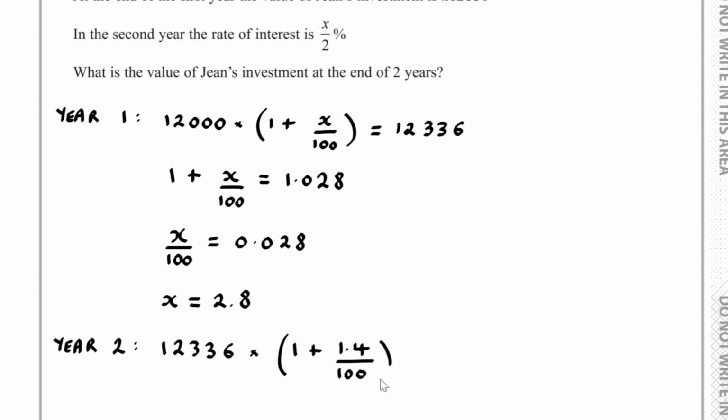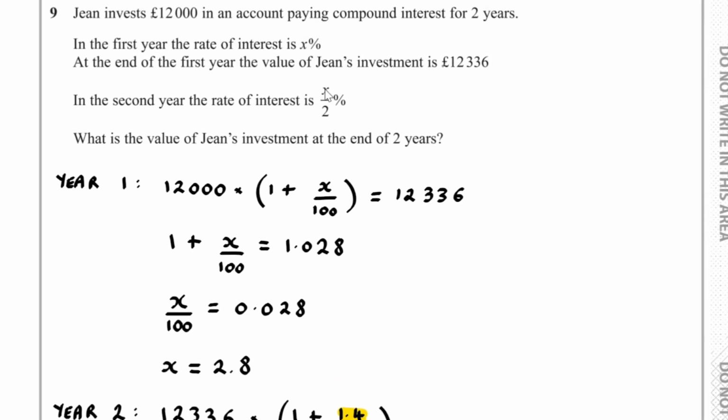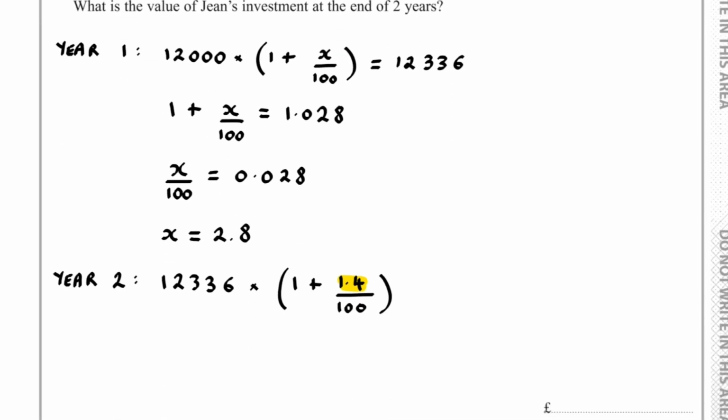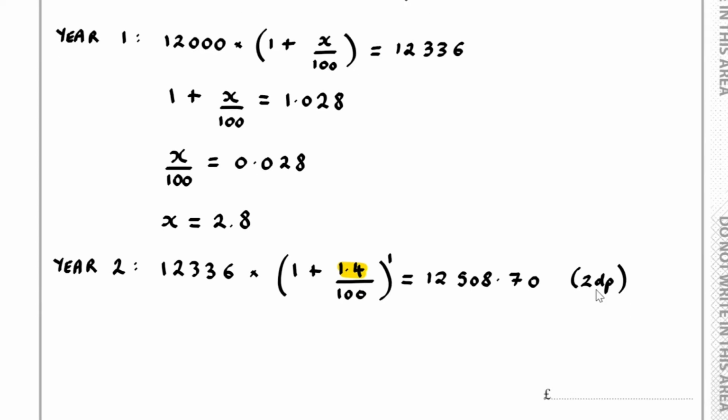Well, the reason we have 1.4 is because we have the 2.8. The rate of interest in the second year is x over 2. And then we raise this to the power of 1. And it turns out what we end up with is £12,508.70. Remember, we gave our value to 2 decimal places.